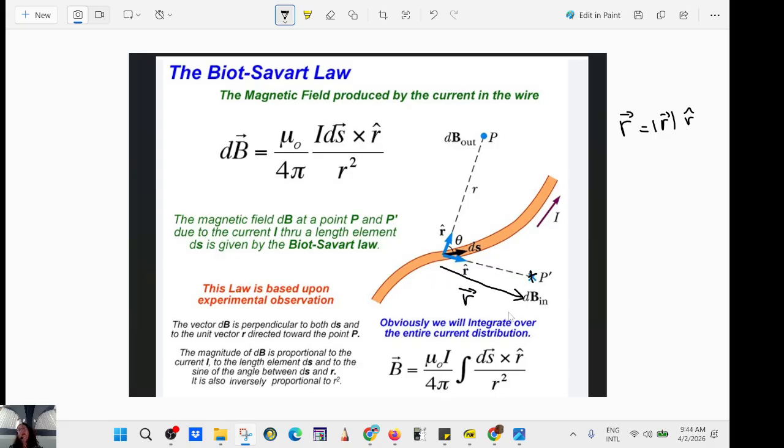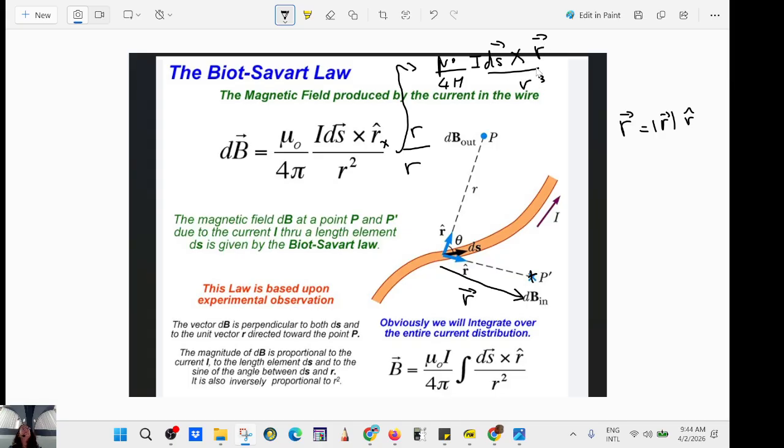If you are given r and asked to find the cross product, then you can change that equation here, and it becomes mu0 over 4 pi, I ds, that doesn't change, cross, and now I'm going to multiply by r on top and at the bottom. So now at the top I'm going to have r hat, and then it becomes r cubed.